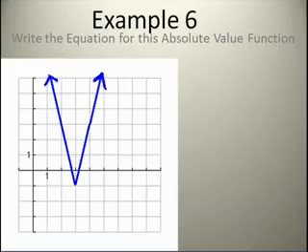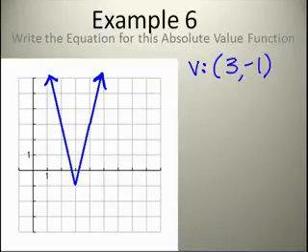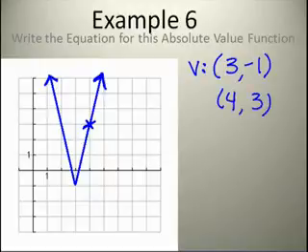Alright, in example 6, we're going to write an equation of the absolute value function. So I'm going to pick 2 points. I'm going to pick my vertex, which is at 3, -1. And I'm going to pick another point. I'm going to pick this point right here, which I believe is at 4, 3. And I'm going to substitute those 2 points in so that I can find my shrink or stretch, my A value. So I've got my vertex, which is what I'm going to put in first.